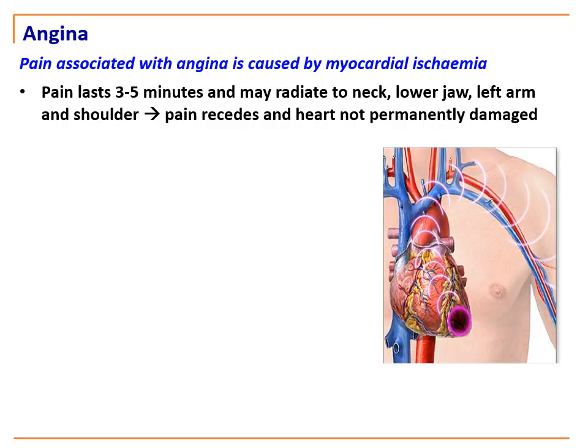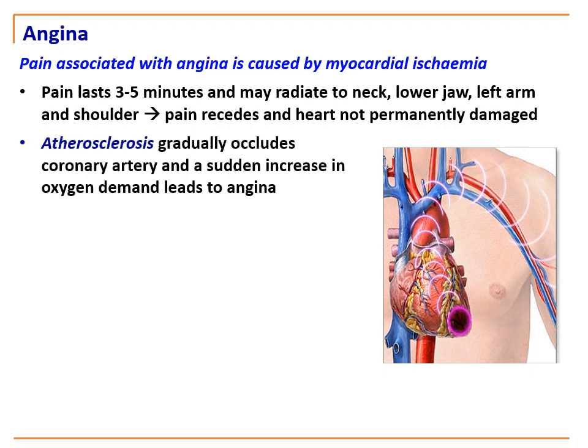The pain tends to last 3 or 4 minutes. It can radiate to a multitude of different places, to the neck, lower jaw, left arm, shoulder, but the pain recedes and the heart is not permanently damaged. And the key thing is it's all about sudden oxygen demand. For example, exercise or stress can lead to this angina because not enough nutrients can be delivered.